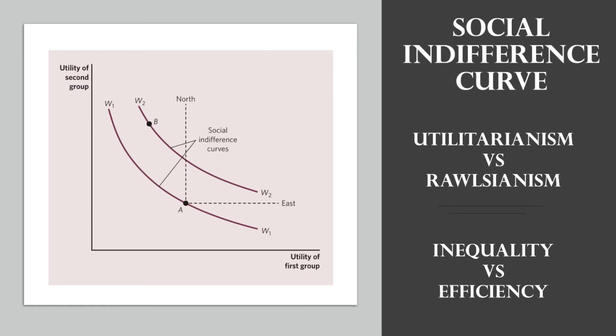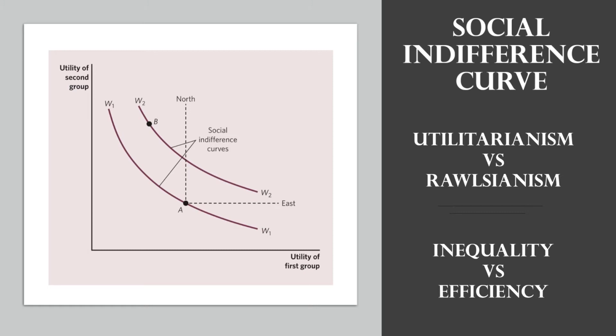And so, for example, if you think about utilitarianism, which says that the more that I have of something, the better off I am, or that equality is achieved when we maximize our utility, right? When we maximize the utility of society.